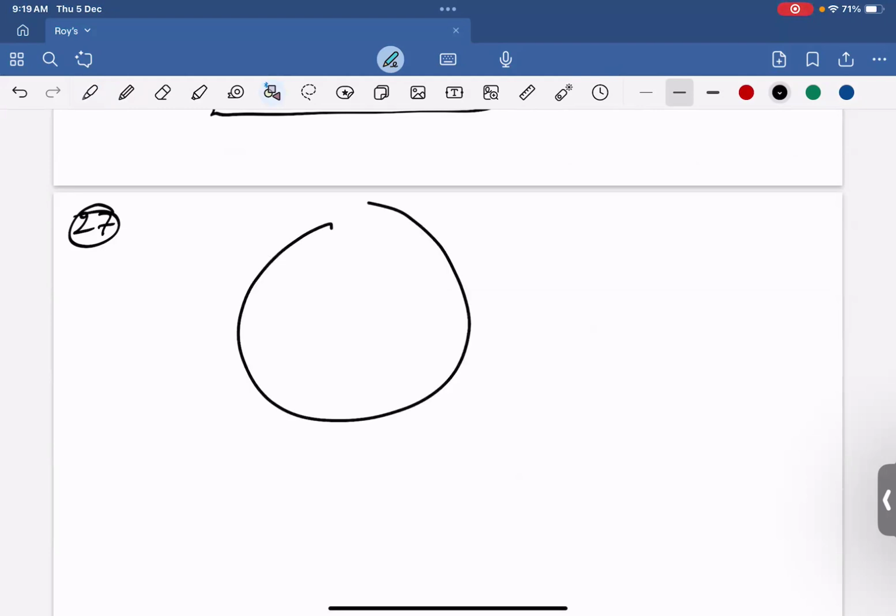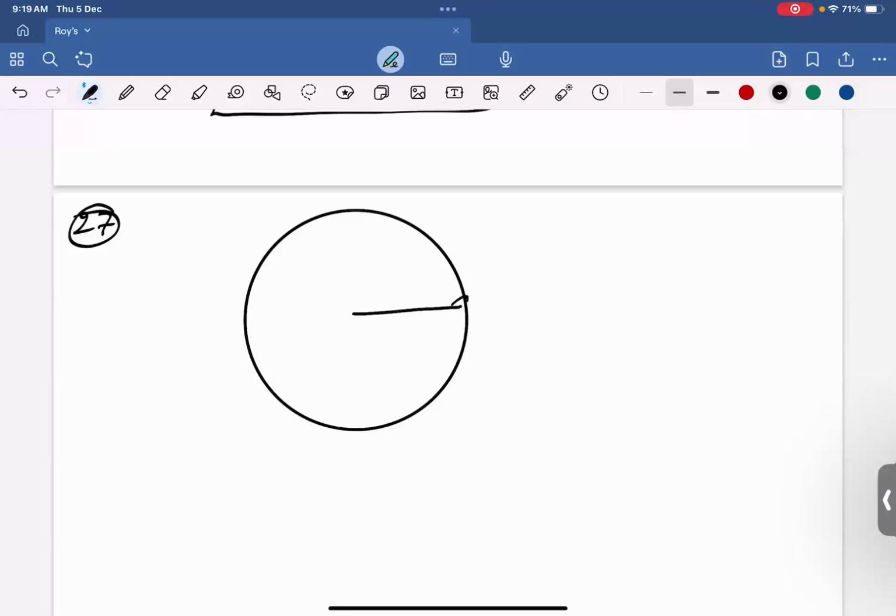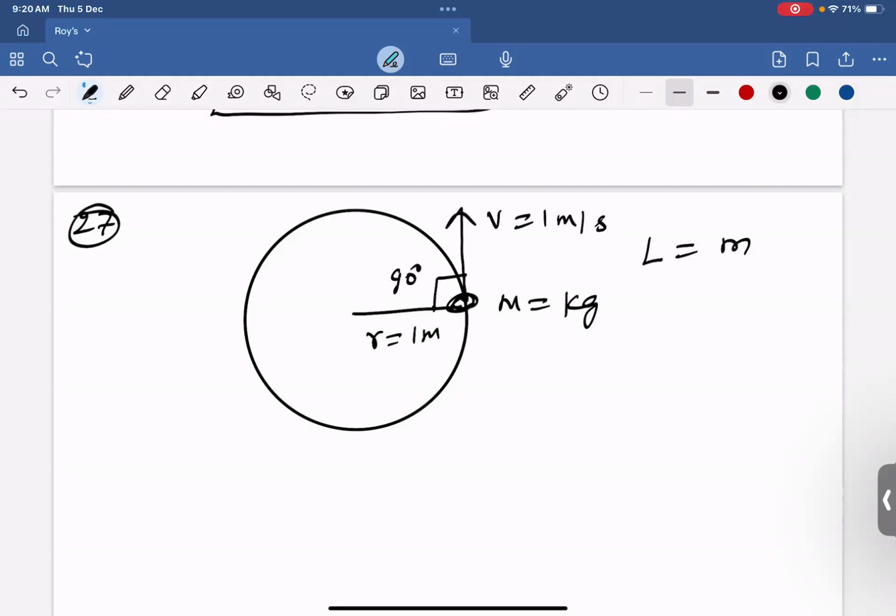So a particle is moving in a circle, and its mass is given as 1 kg, radius is given 1 meter, and the speed is also 1 meter per second, and the angle between V and R is 90 degree. So L formula is always mvr sin theta.